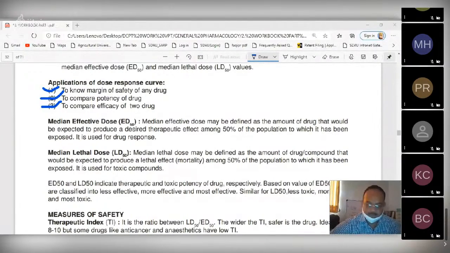You will have to understand this important aspect of the pharmacokinetic and pharmacodynamic relationship.